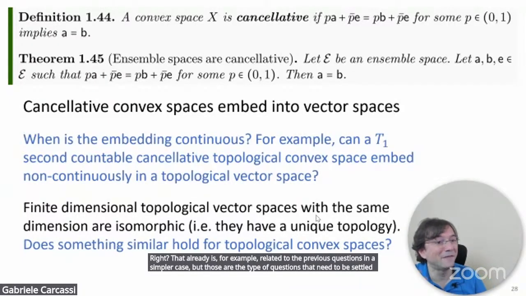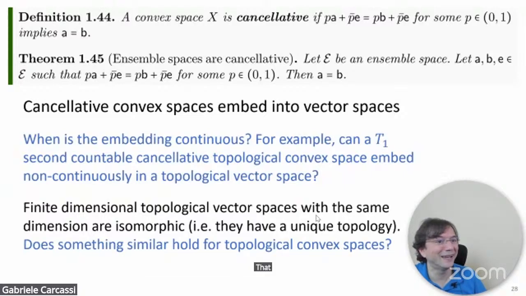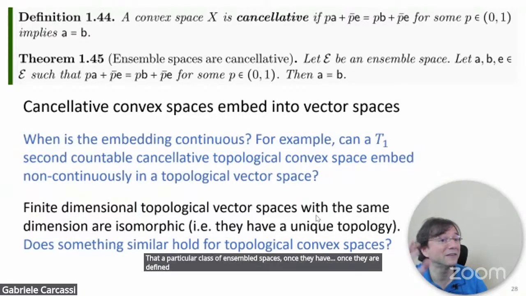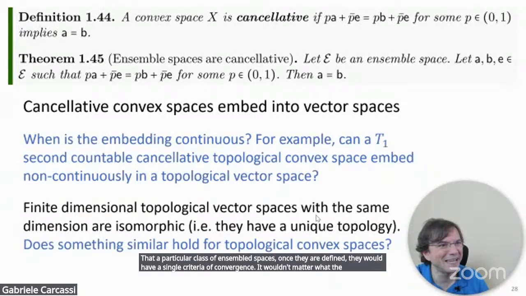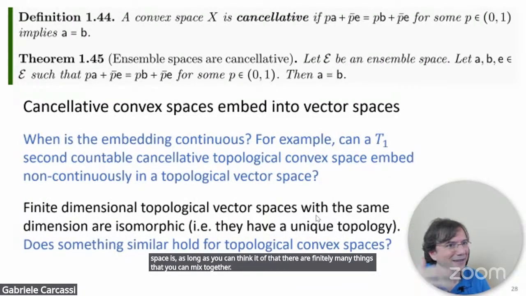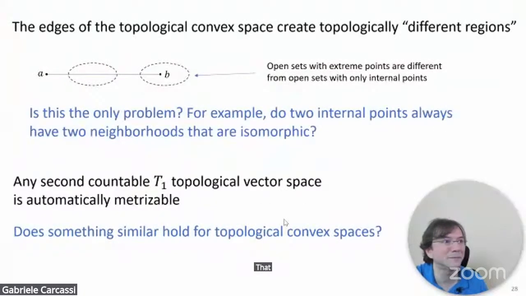Again, the physical meaning would be that a particular class of ensemble spaces, once they are defined, would have a single criterion of convergence. It wouldn't matter what the ensemble space is, as long as you can think of it as finitely many things that you can mix together. You get all this stuff for free. So that would be interesting to know.